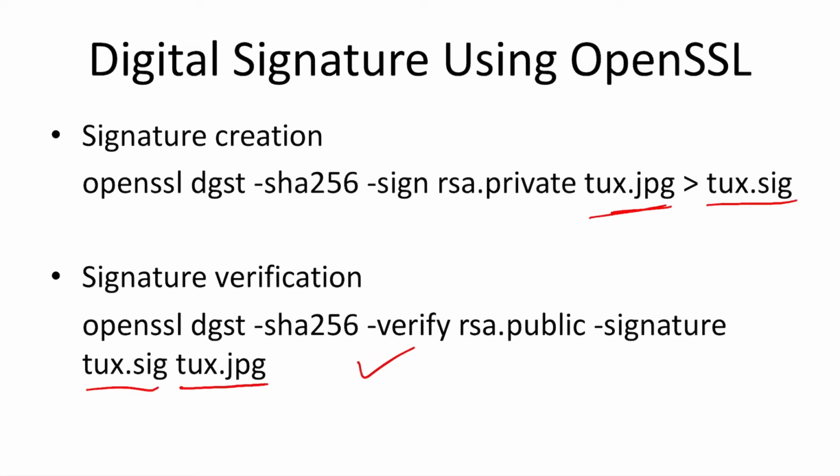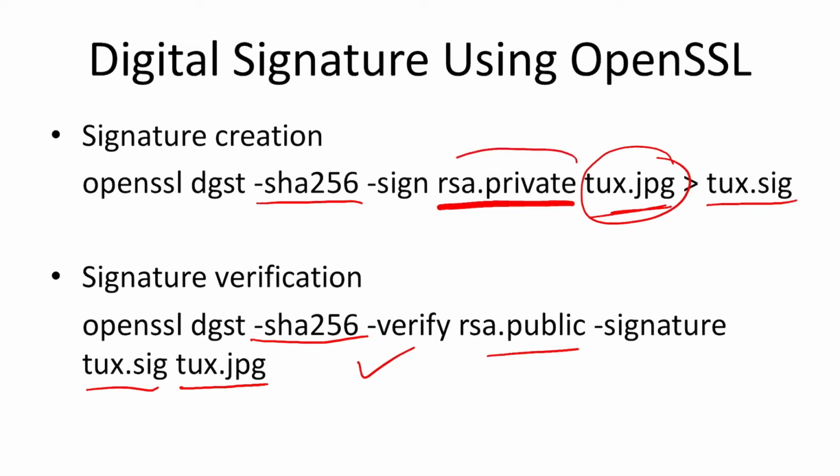So we have to provide as input also the original file, tux.jpg, because we have to recalculate the hash value on that file. This means that we also have to provide the hashing algorithm that has to be used, because just like we saw, we need to calculate the digital signature on a hash value of the input, which is a JPEG file in this case. And we have to provide the private key during digital signature creation, and we have to provide the public key during digital signature verification. And note that both of these belong to the same key pair, which is the sender's key pair.